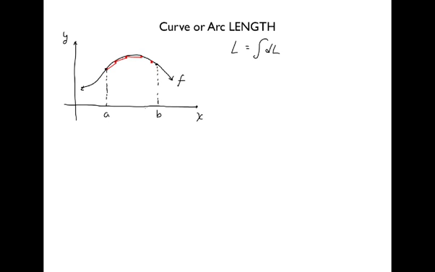So we're going to use straight lines connecting points on the curve to approximate little lengths of the curve. And those straight lines we're going to call delta S. So delta S1, delta S2, delta S3, etc.